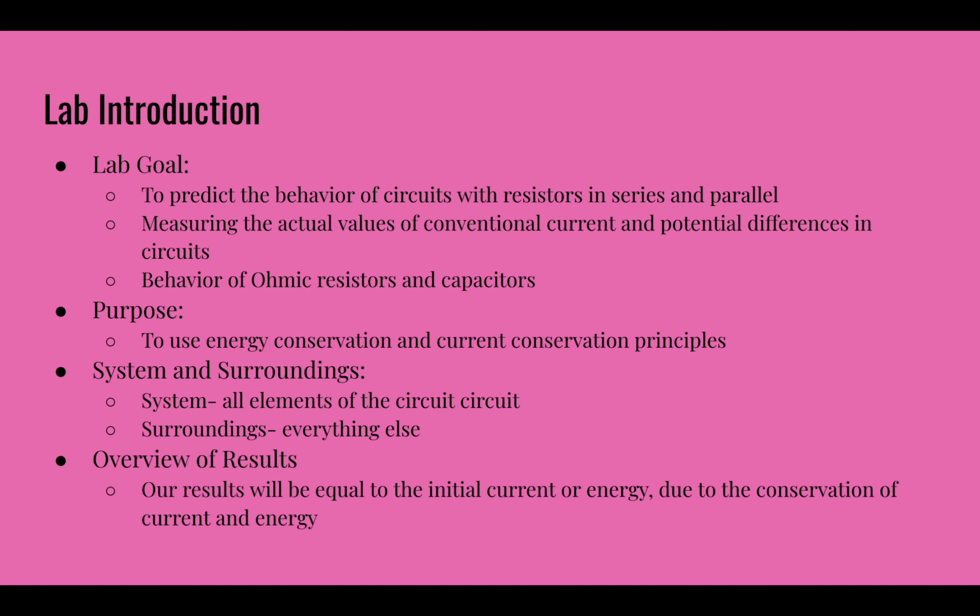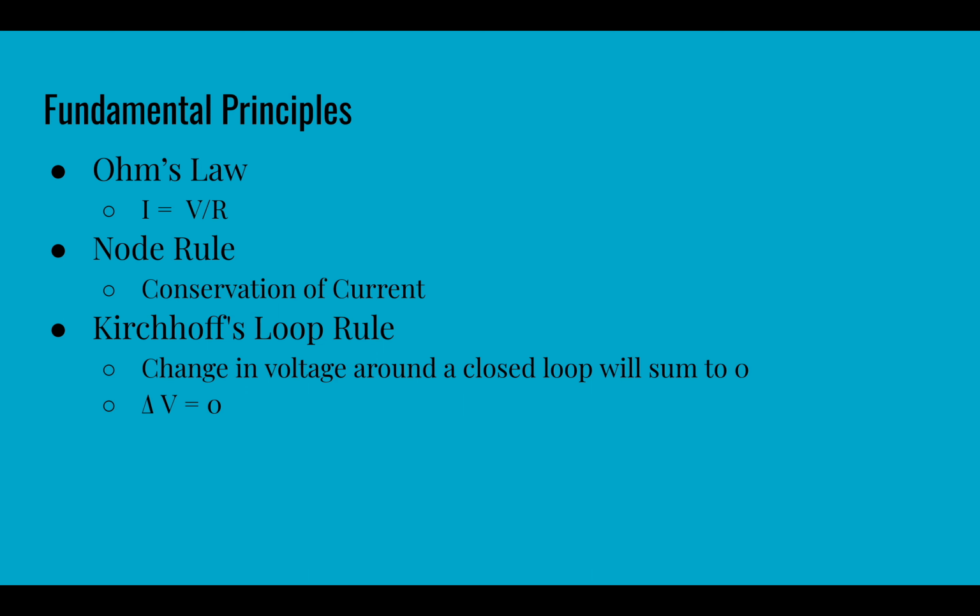For the purpose of our lab, our system will be all elements of the circuit, and our surroundings will be everything else. As a general overview of our results, our results will be equal to the initial current or energy due to the conservation of current and energy, which we'll see.